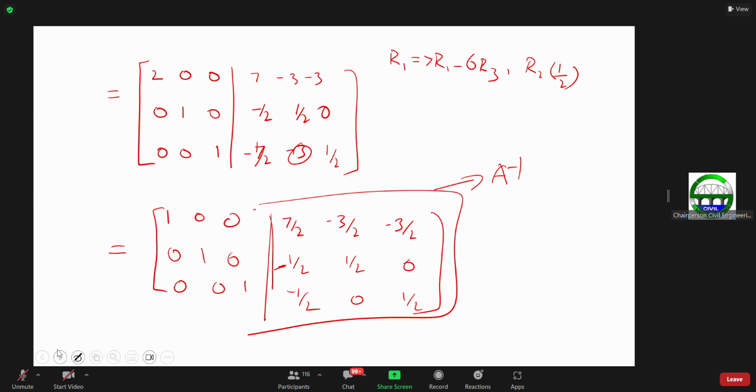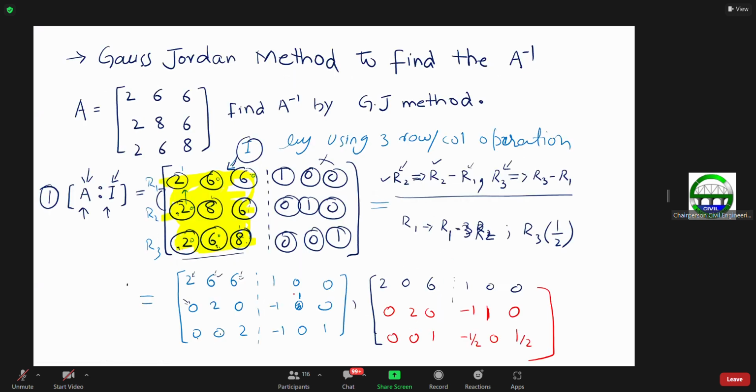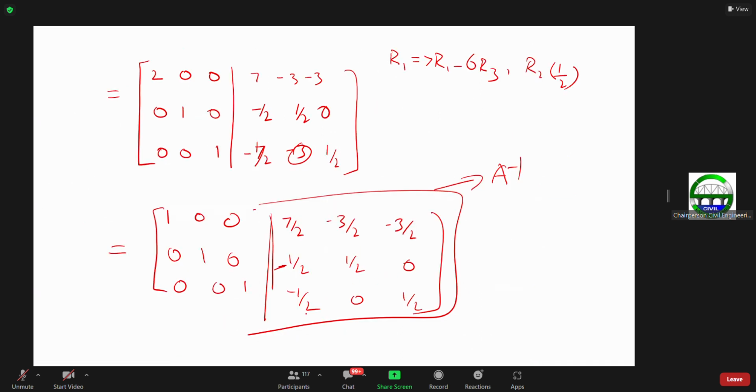So again, let's repeat it. The only thing is you have to make this matrix the identity matrix. You can apply any row or column operation. Here I only applied row operations.